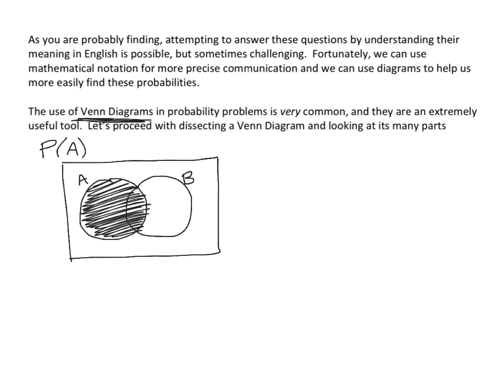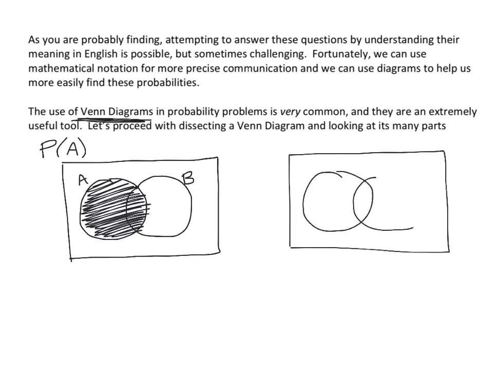Now, some of you might be wondering, wait a minute, should it be both of those parts? Some people might wonder, should the probability of A have been just this? Sort of like all of the A, but the A that doesn't include B. And the answer is no, but there is a special name for this other thing.